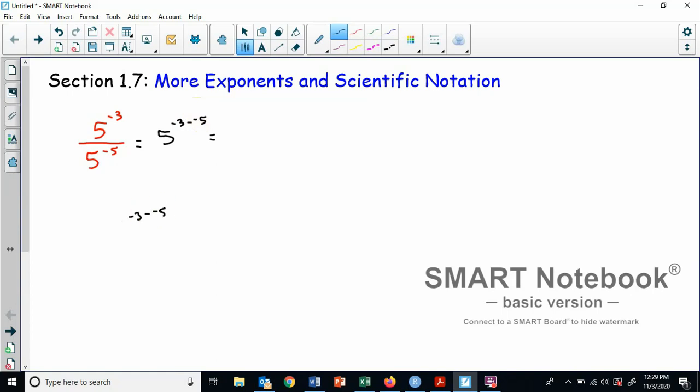Some scratch work here. If you typed that in your calculator, it would tell you it's positive 2. Why is it positive 2? Well, remember, this minus a negative, these two negatives side by side, make it plus a positive. So it's just negative 3 plus 5, which is positive 2. So this is 5 to the positive 2.